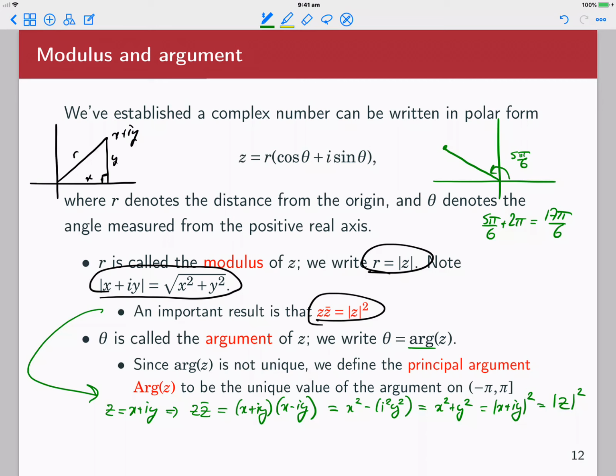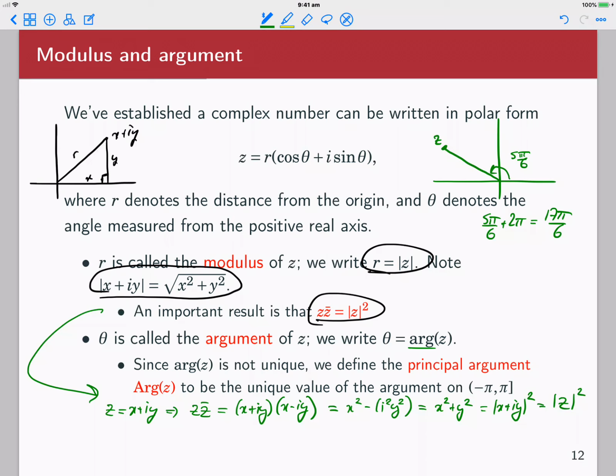So it would be perfectly valid to say that the argument of that complex number, z, is 17 pi on 6. Or I could add another 2 pi, or I could subtract multiples of 2 pi, and that will give me the argument for the same complex number. So that's why we're saying the argument of a complex number is not unique.